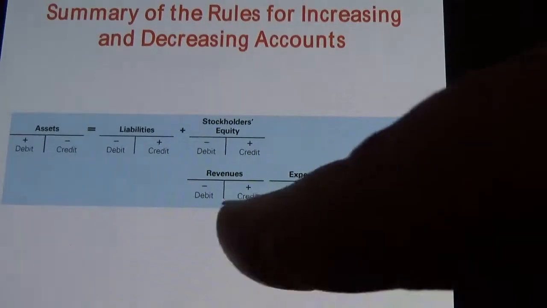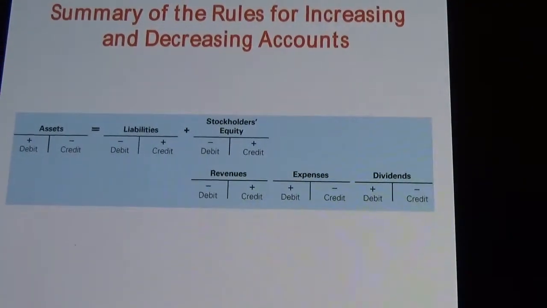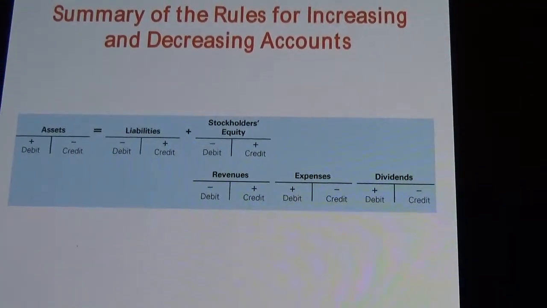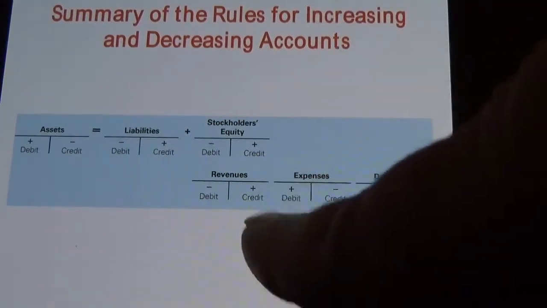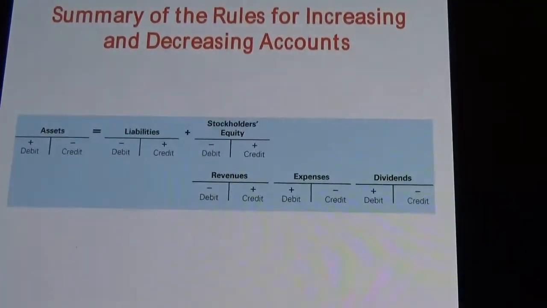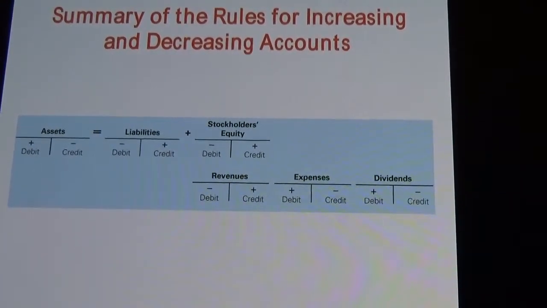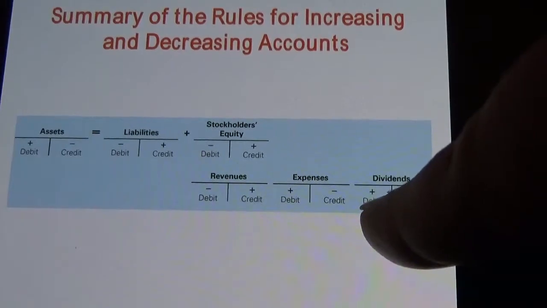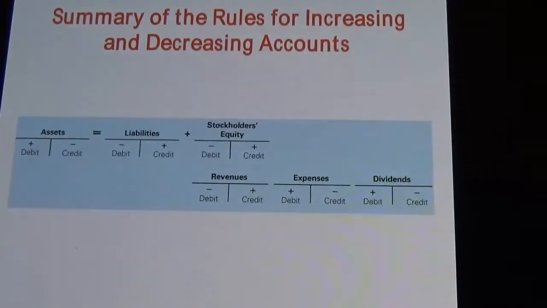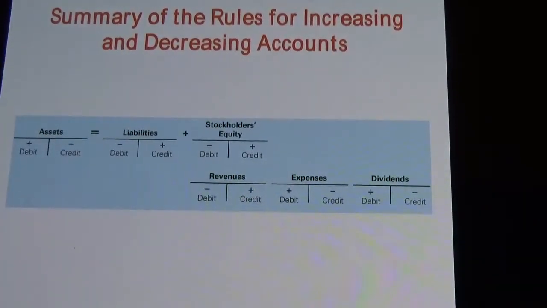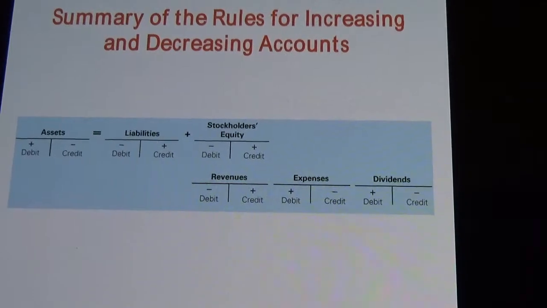That means those expenses and dividends are going to have debit balances, because when we increase an expense with a debit, that is decreasing the stockholders' equity with that debit. When we increase a dividend, we're decreasing the stockholders' equity. And so the debits and credits behave opposite for the expenses and dividends from the stockholders' equity accounts.